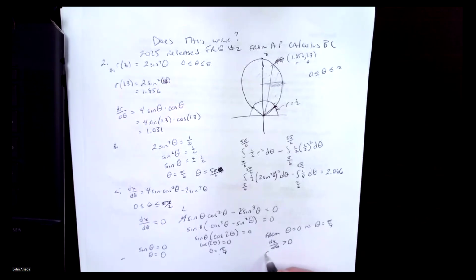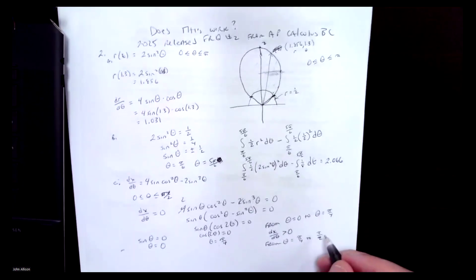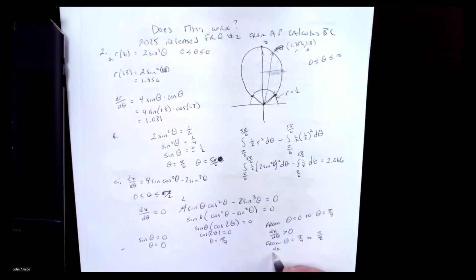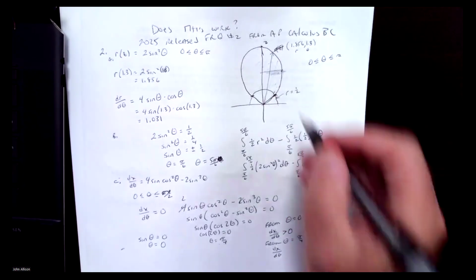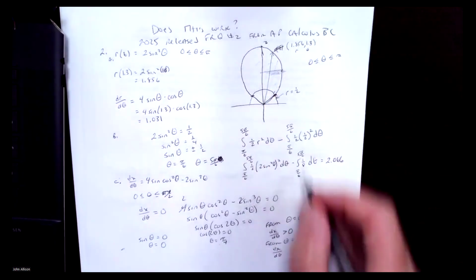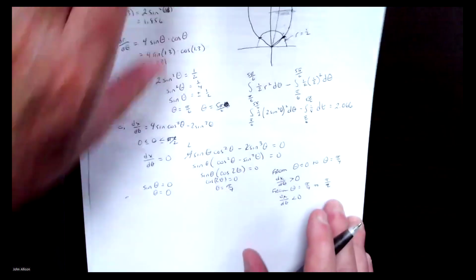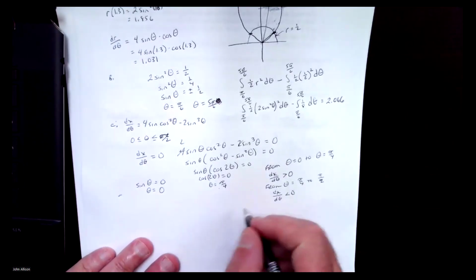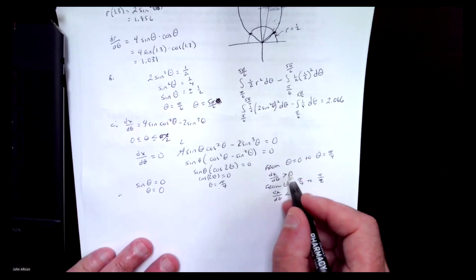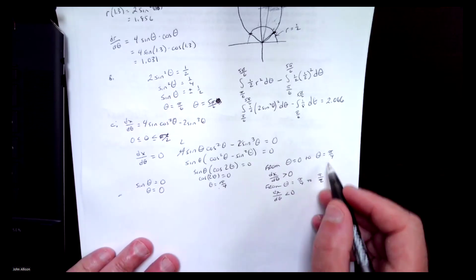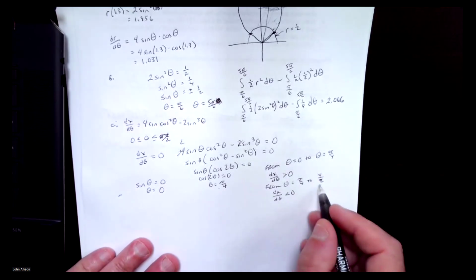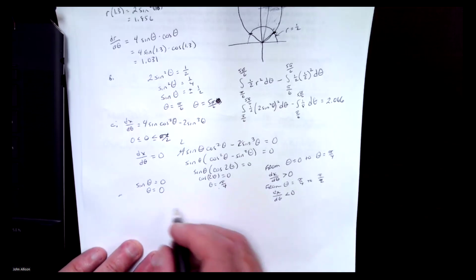And then from theta equals pi over 4 to pi over 2, dx d theta, the x-coordinate is decreasing, so it's less than 0. That means that x is increasing from 0 to pi over 4, decreasing from pi over 4 to pi over 2.